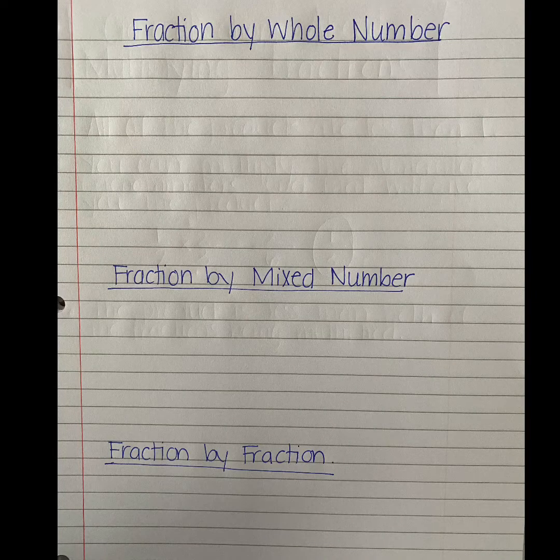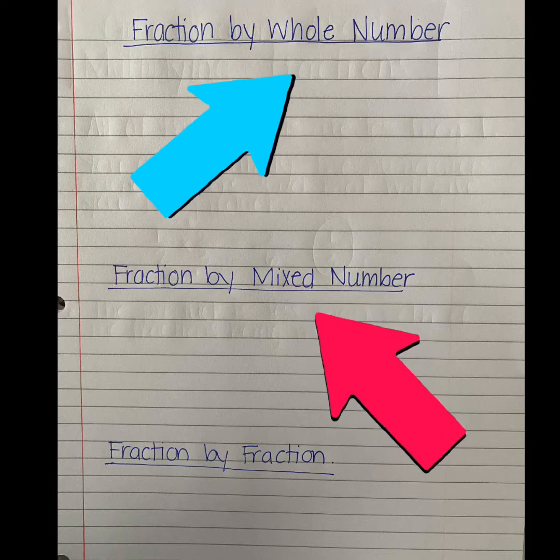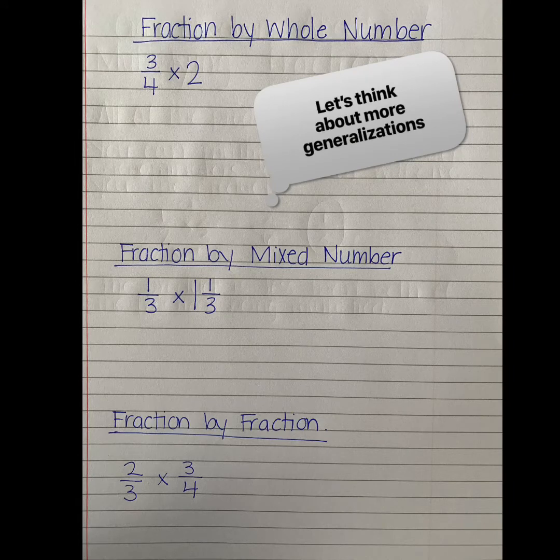Let's see if these generalizations follow when you're multiplying a fraction by a whole number or a fraction by a mixed number. Go ahead and pause the video here and write these 3 problems down with the headings above. Let's solve these together and think about more generalizations.